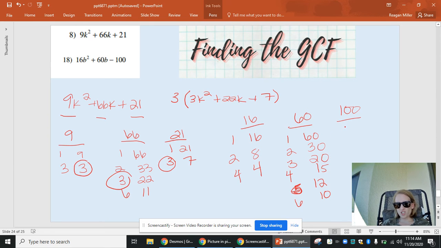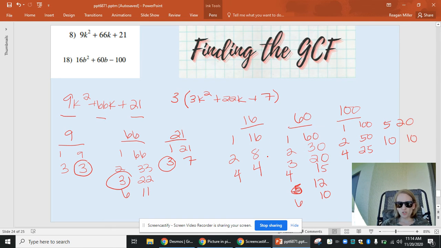And then for 100, you've got 1 and 100, 2 and 50, 3 won't divide evenly, 4 and 25, 5 and 20, 6 won't divide evenly, 7 won't, 8 won't, 9 won't, 10 and 10 are the other ones.